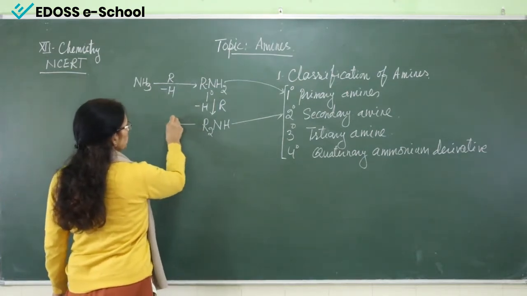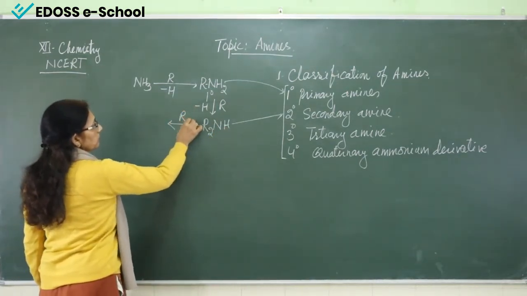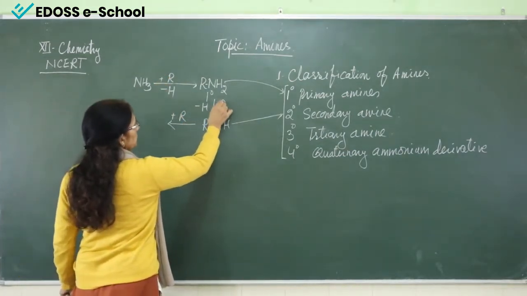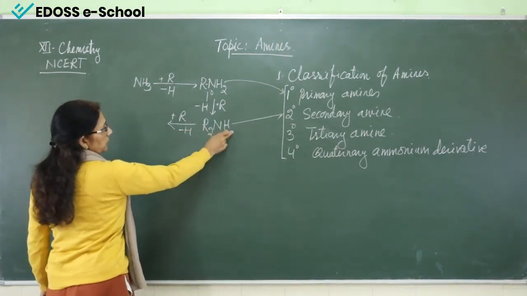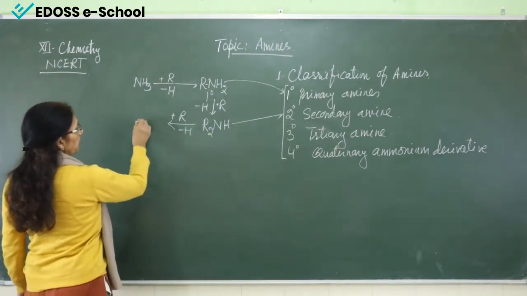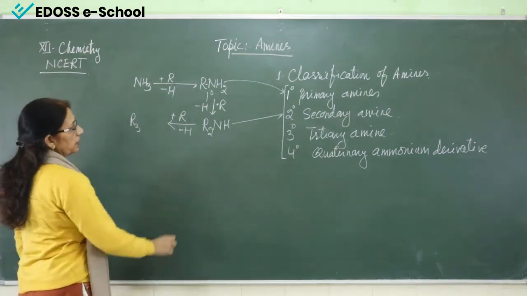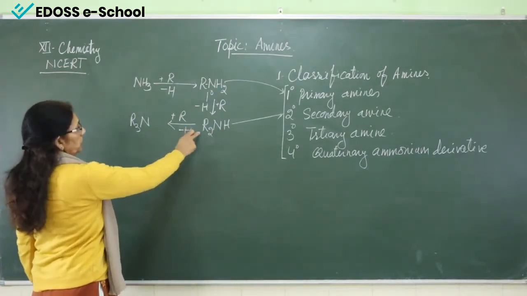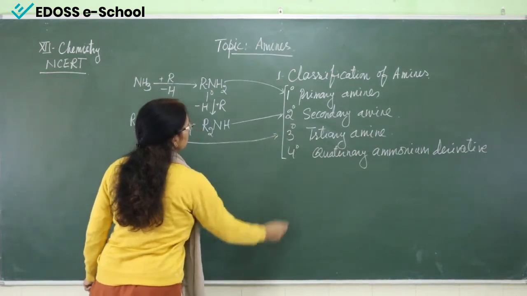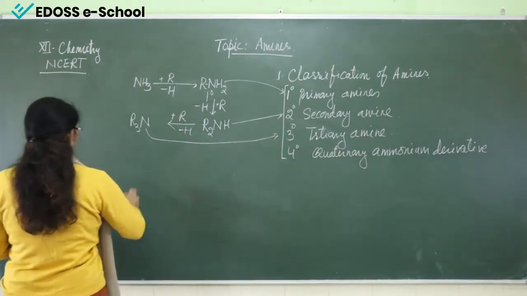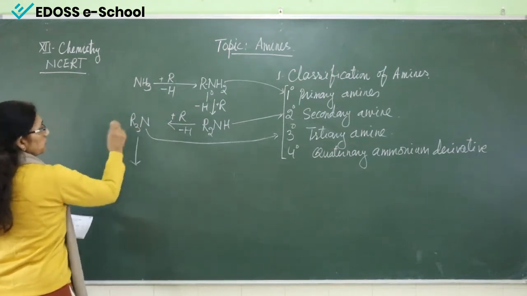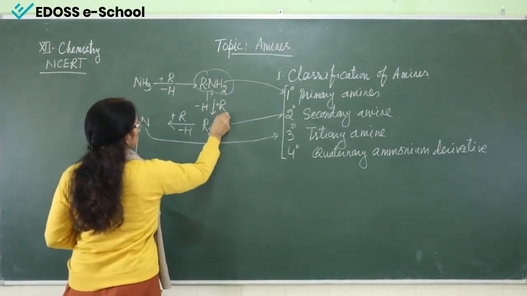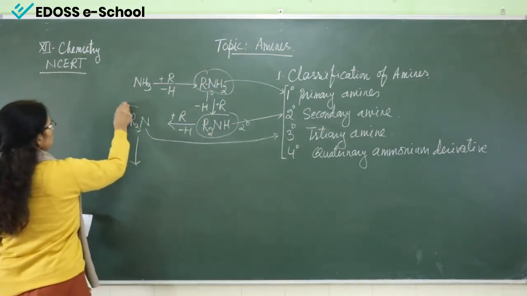Now, in the same reaction, if one more alkyl group is added and one hydrogen is replaced, the alkyl groups will become 3 and hydrogen will be 0. This will be known as tertiary amine. So this is our primary amine, this is secondary amine and this is tertiary amine.